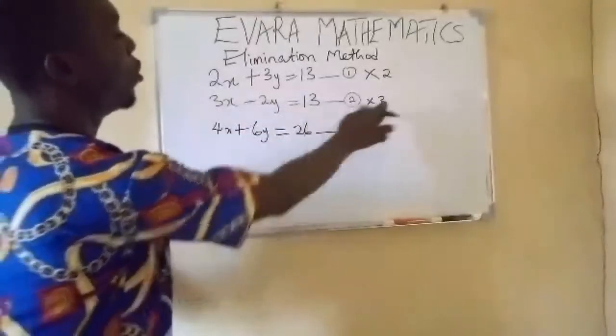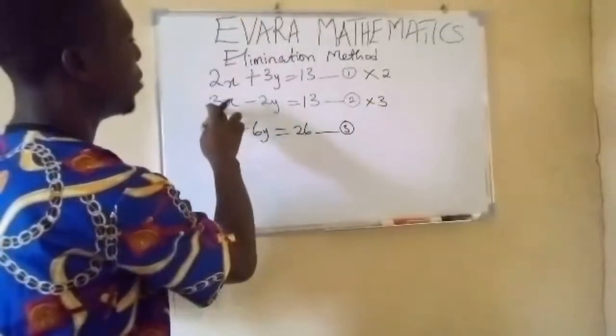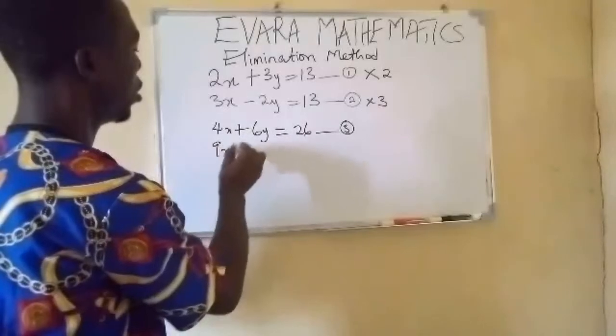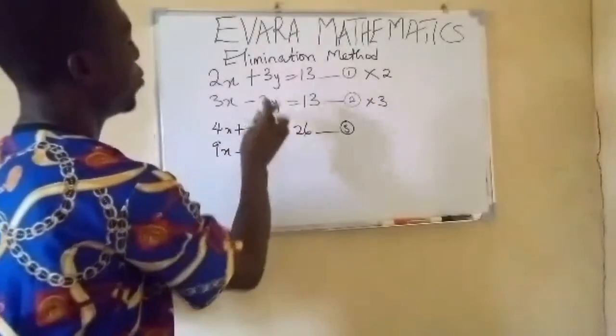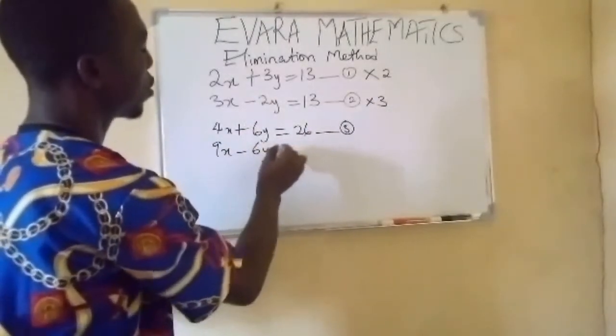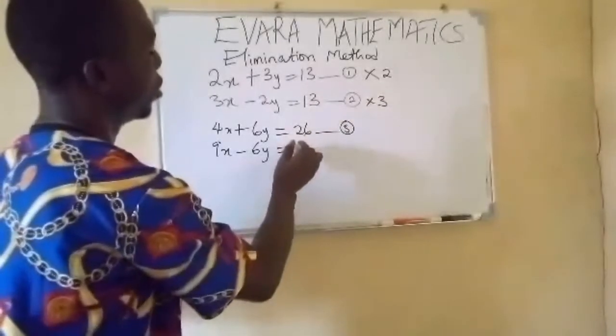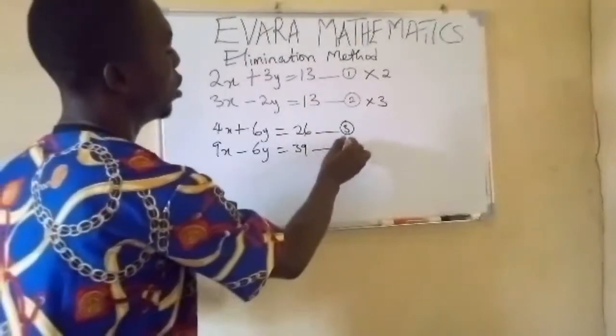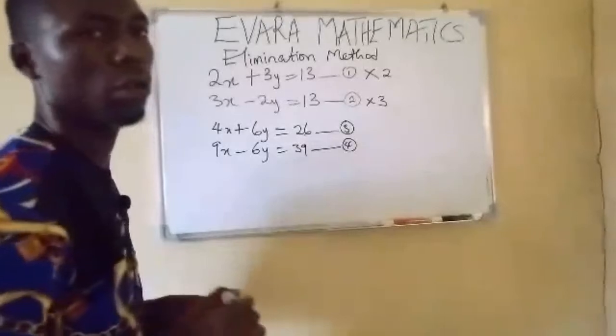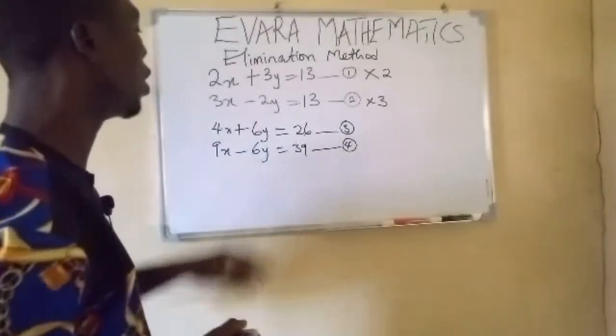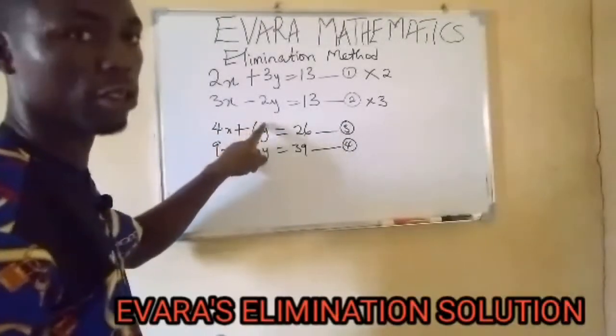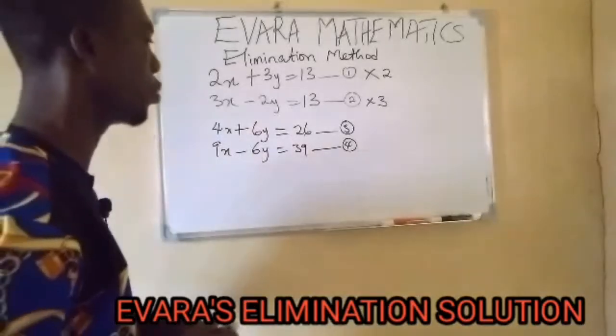Now, equation 2 multiplied by 3. 3 times 3, 9x, 3 times 2, 6y, 3 times 13, 39. This is equation 4. So we can see now that we have 6y here and 6y in this equation.